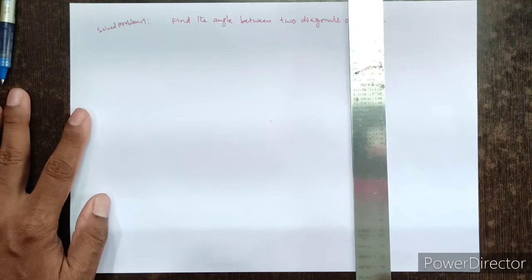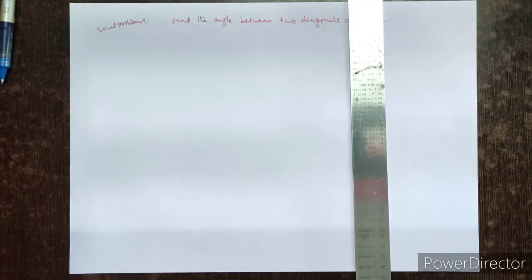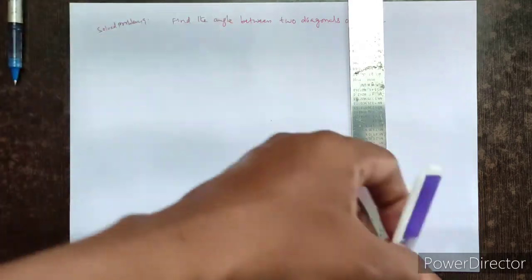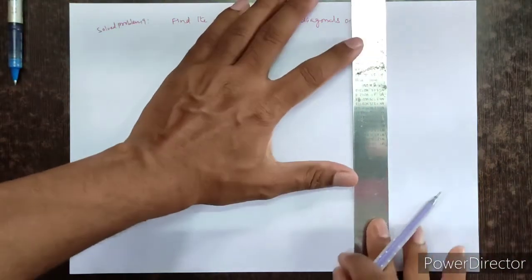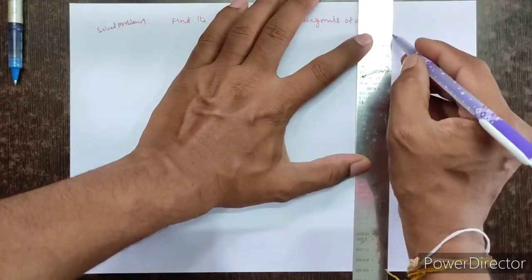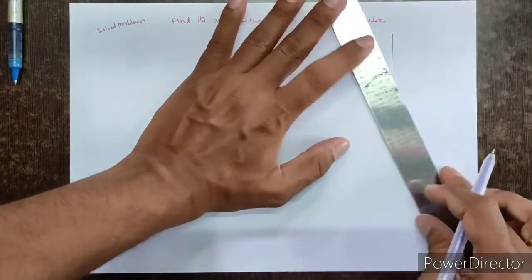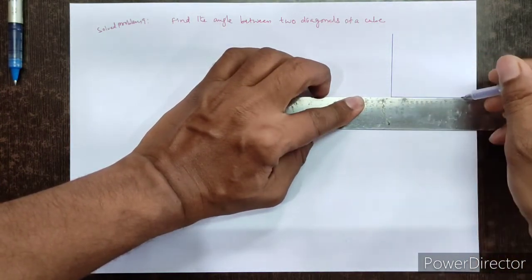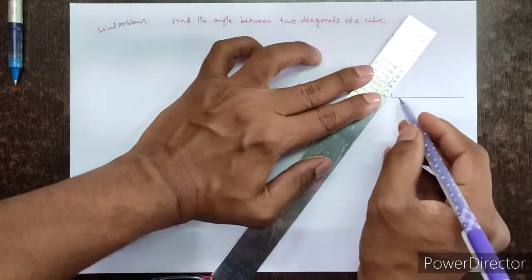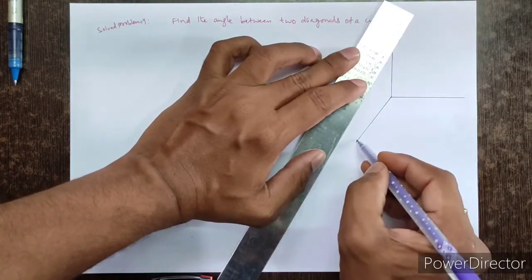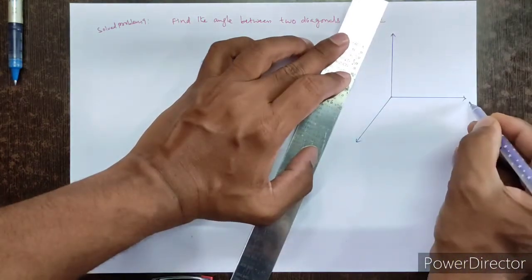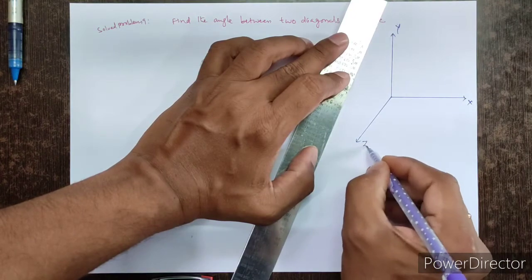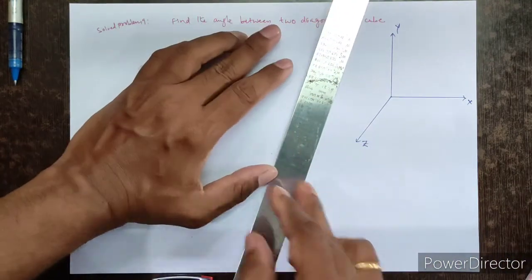Look at here, I am drawing a cube. x-axis, y-axis and z-axis, x, y, z.